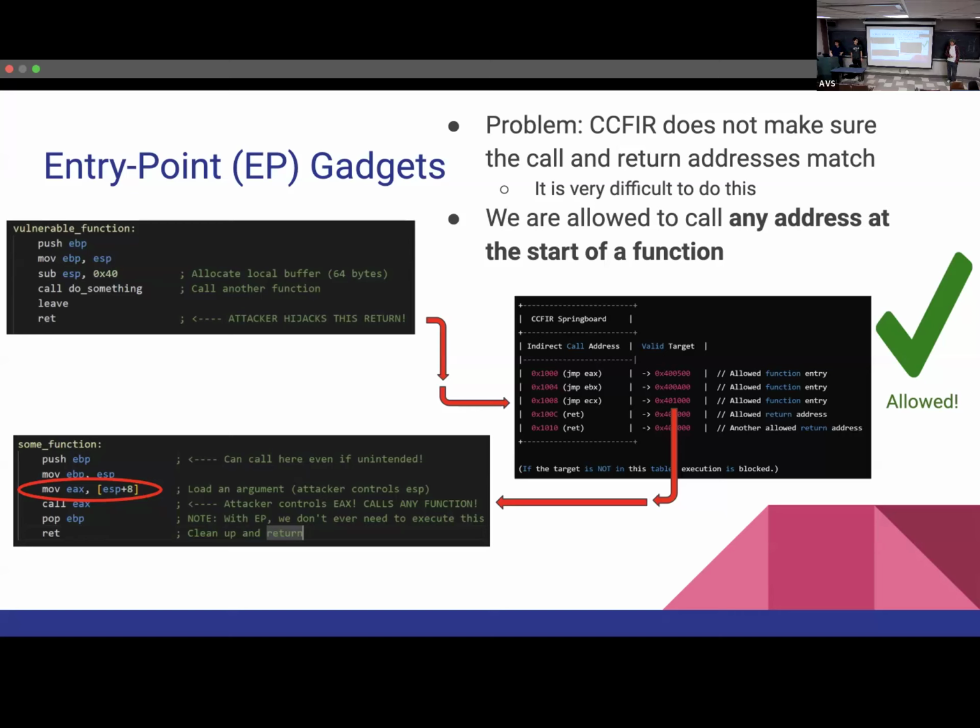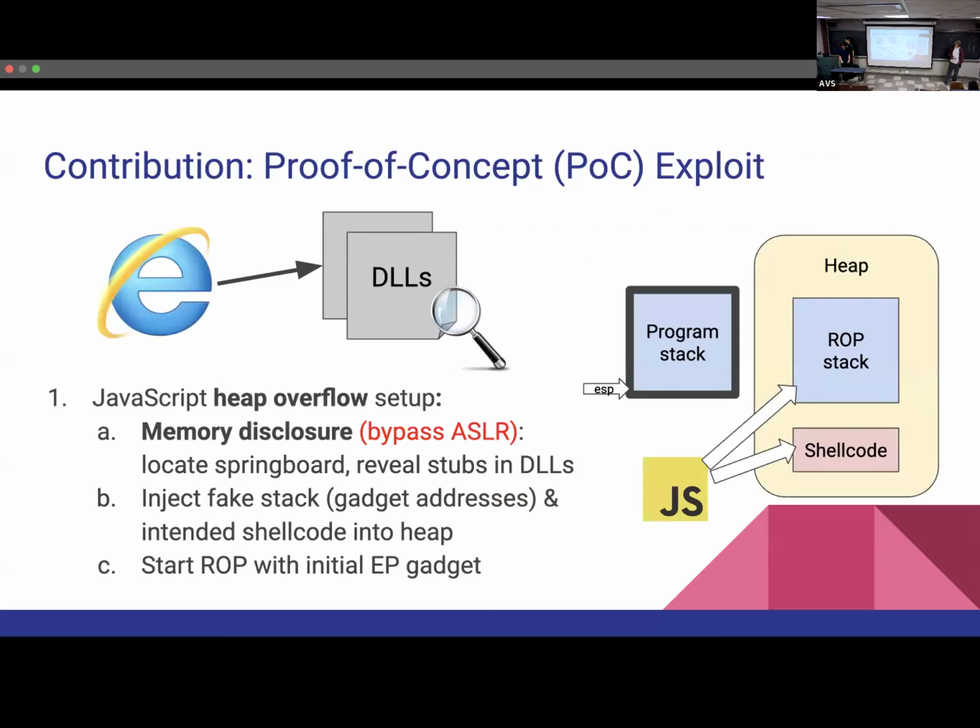So you can see here, we go down here, we return, and when we return, we actually end up jumping to a function rather than returning to the previous function, by overriding a function pointer.